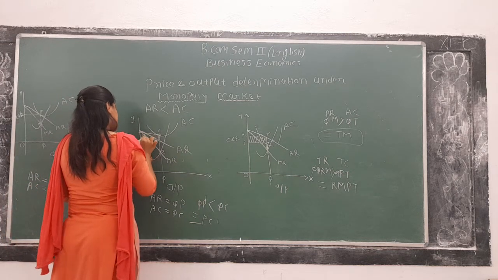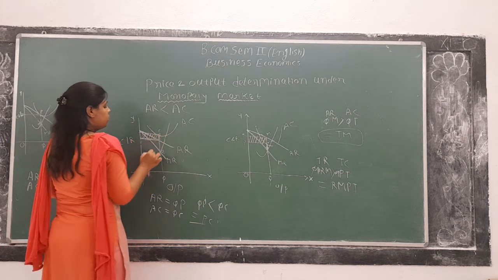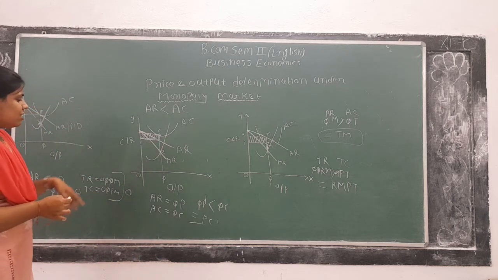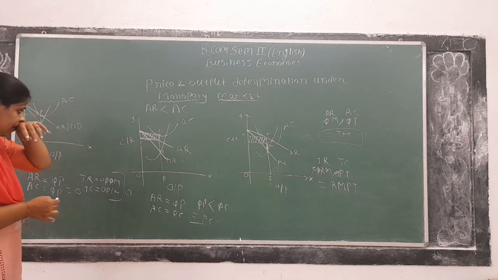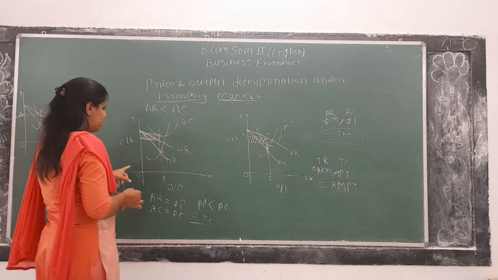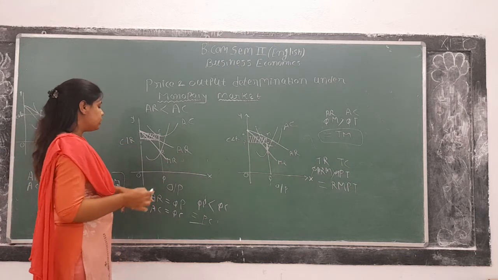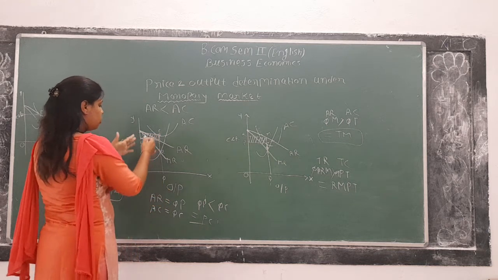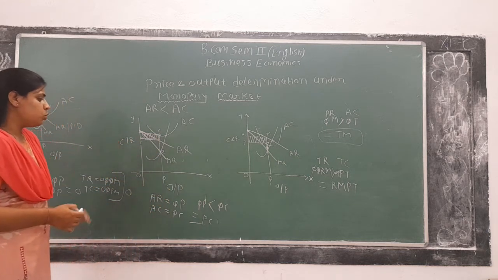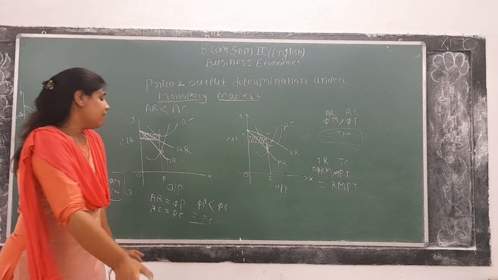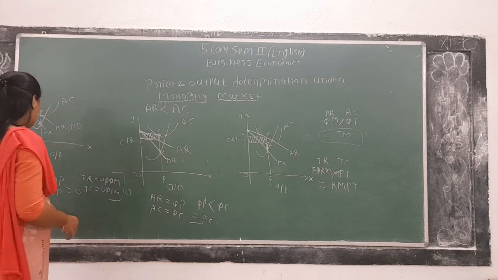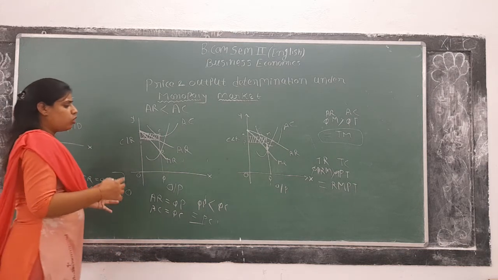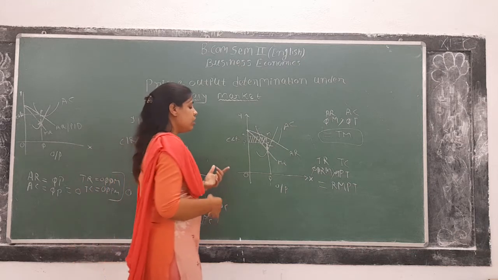And this area would be the portion of loss, because by selling the OQ quantity, a firm will incur this amount of loss, which will be shown by the shaded portion. So here we have seen the different conditions of supernormal profit, normal profit, and the losses.